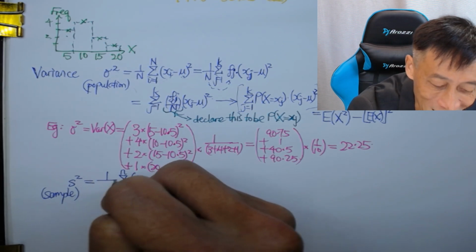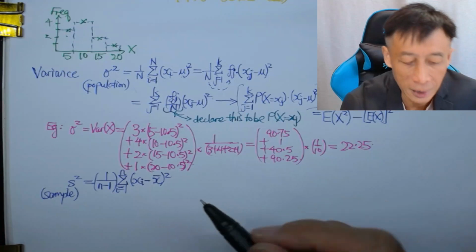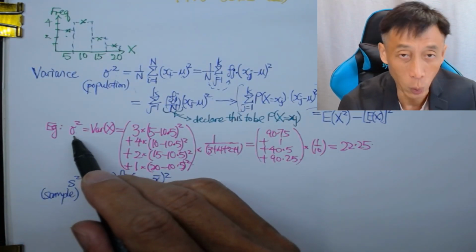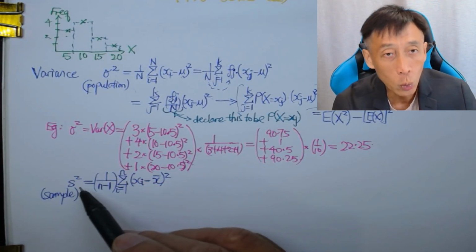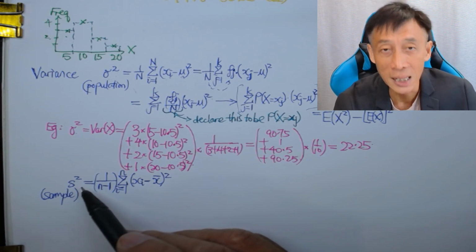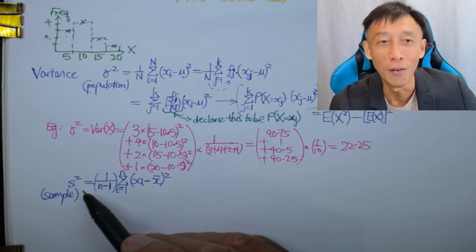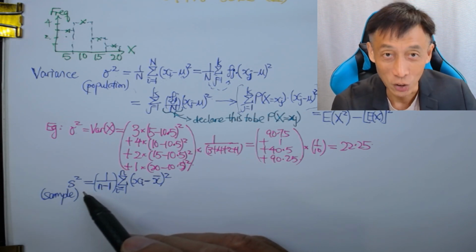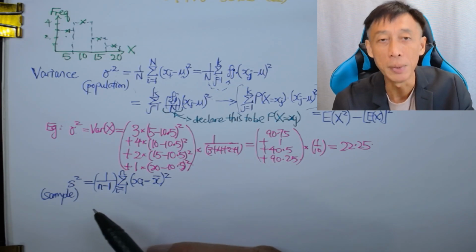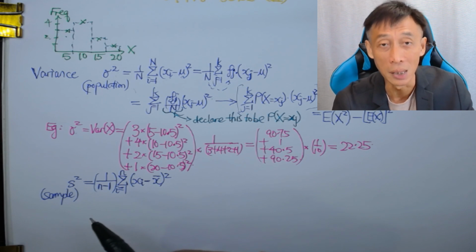In order for S square itself to be an unbiased estimator of sigma square, because we would also like to calculate the sample variance and then say, well, this looks like a good estimate of sigma square, just like we calculate the sample mean and say, well, let's just pretend that the sample mean is approximately the population mean.